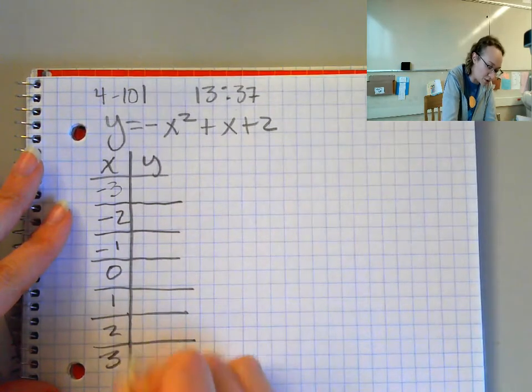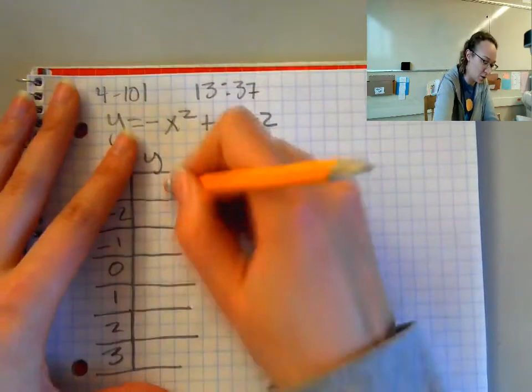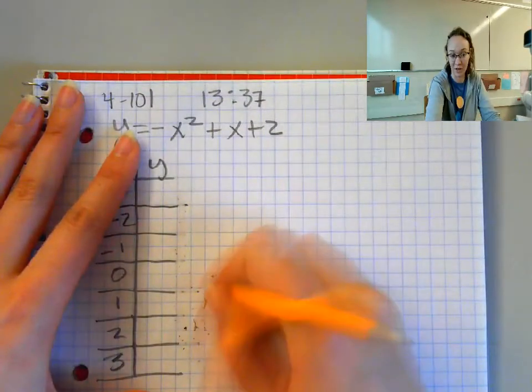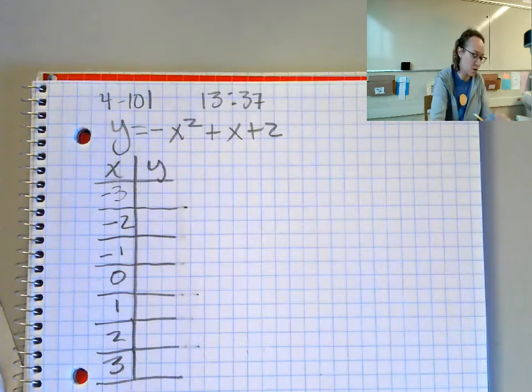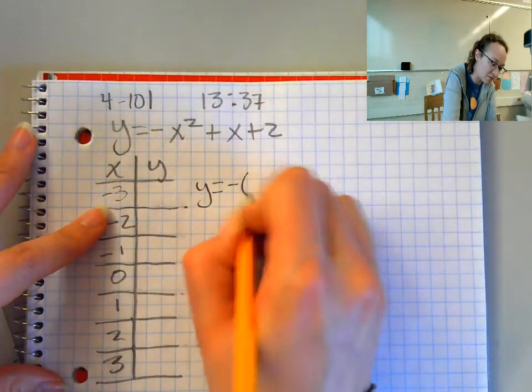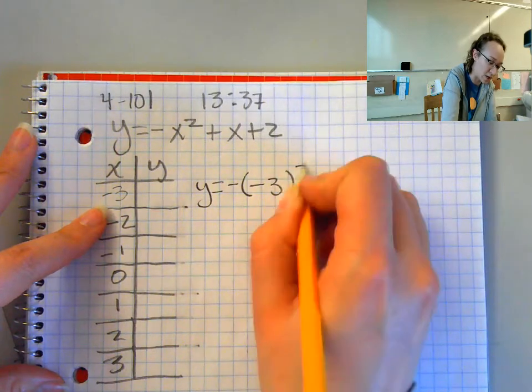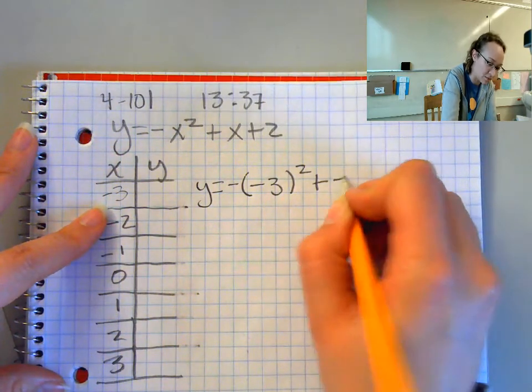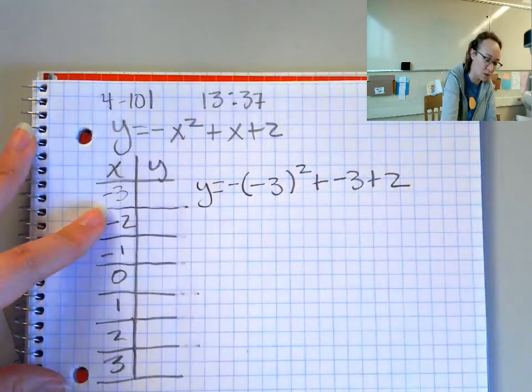Then we are going to evaluate this equation for those x values to get our y values, and then we'll plot those points. So when x equals -3, that's negative, and then -3 squared plus -3 plus 2.